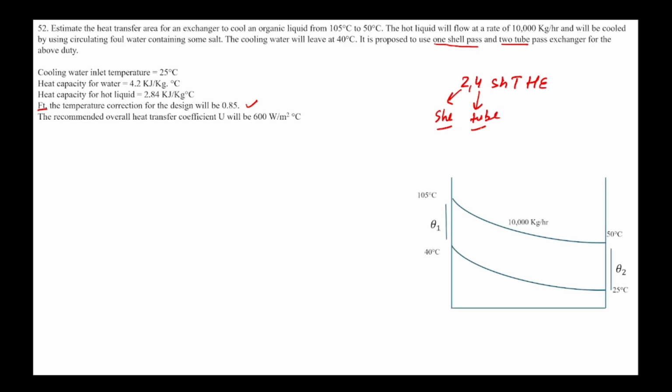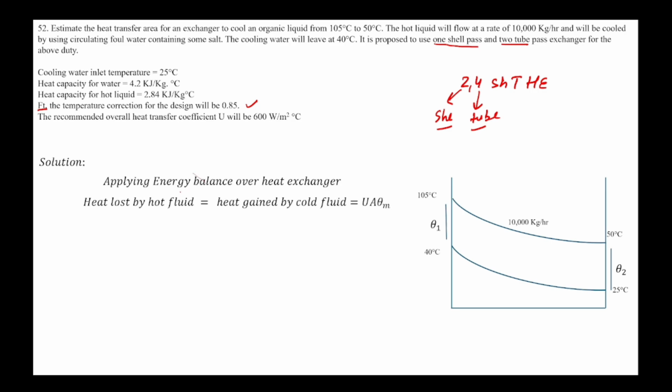We know that the heat exchanger is counter current flow. If it is co-current, then the question will mention that it is co-current. This is the diagram, and there is nothing much to explain in it. Energy balance over the heat exchanger: we know that heat lost by the hot fluid is gained by the cold fluid, which is equal to UAθm.